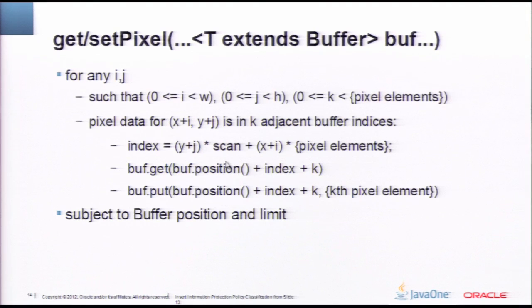But it's essentially otherwise analogous to the Java primitive arrays with your buffer position providing the offset into it. And again, the position and limit you have in the buffer, so if you specify a limit that doesn't allow us to read enough data, you will get the appropriate exception you would get from an IO buffer.